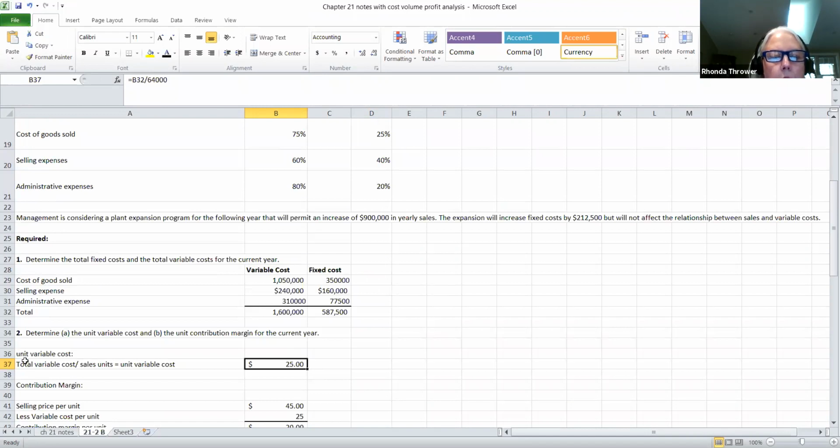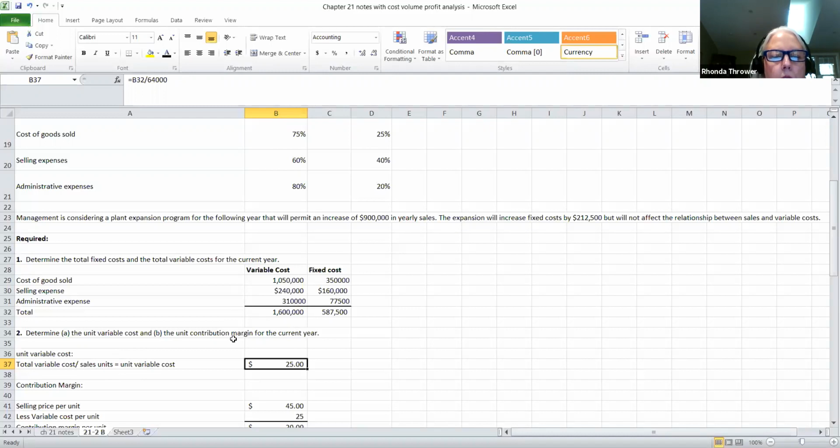So to determine my unit variable cost, I need to know what my total variable costs are, which we figured in part 1, and I would divide that by my sales in units, which was given at 64,000 units.